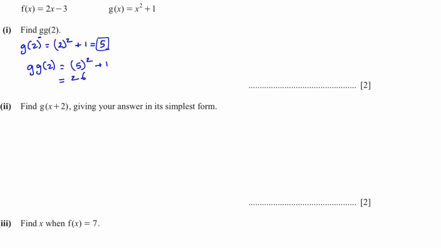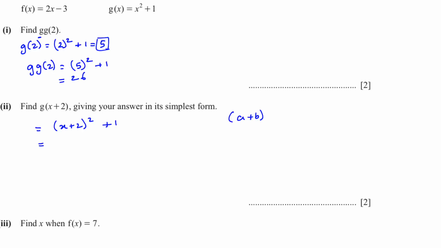Next question, find g of x plus 2, giving your answer in its simplest form. So we will replace x with x plus 2. And there is a square, so it will become (x plus 2) squared plus 1. We have to expand the bracket. Expanding the bracket is something you're going to be doing till you finish your school.